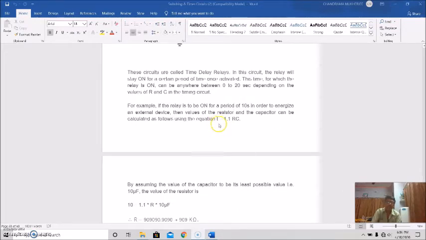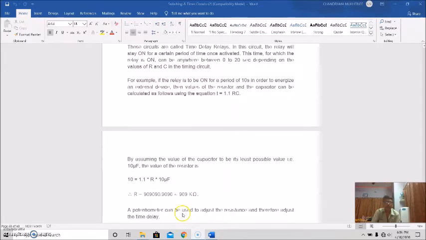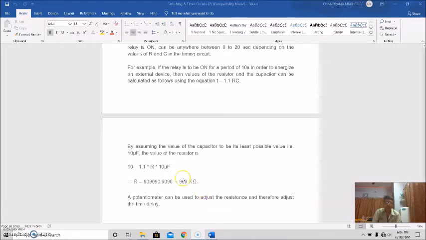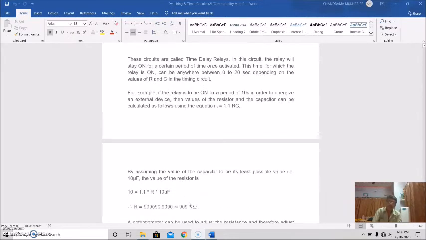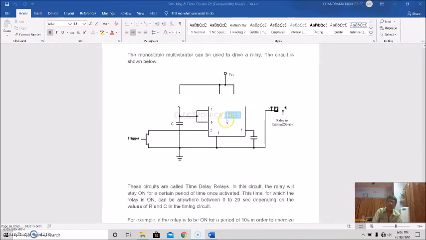Then putting T equal to 10, that is for 10 seconds we have to keep the relay on, and C equal to 10 microfarad, what will be the value of R? If you calculate, it will be approximately 909 kilo ohm. So to get this 909 kilo ohm, you can use a potentiometer which can adjust the resistance and therefore adjust the time delay.